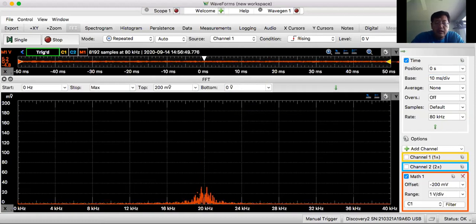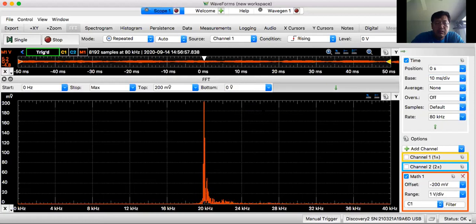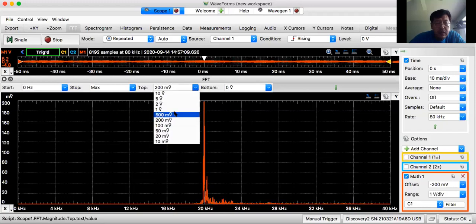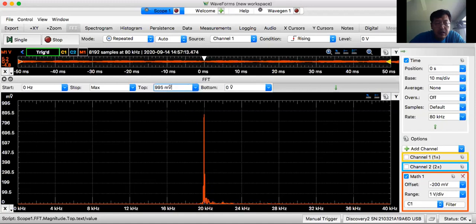This is still 21, but I will lower that to 0. Now it's upper sideband SSB. So if you look at the signal, that's upper side SSB.